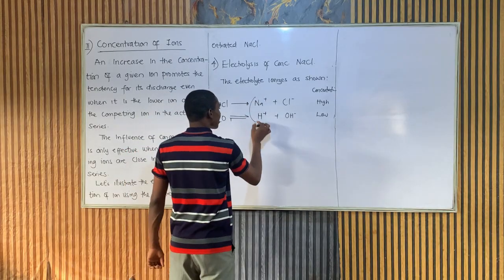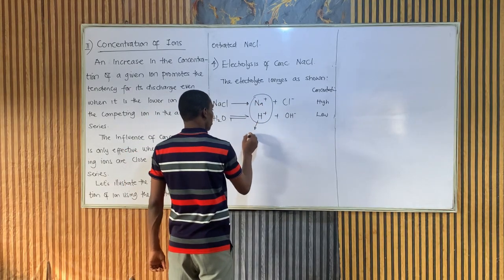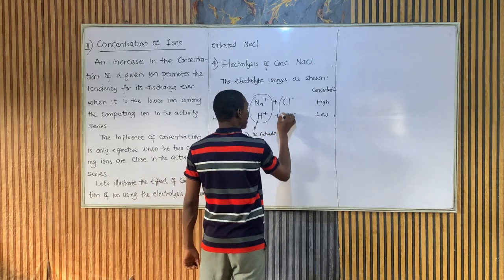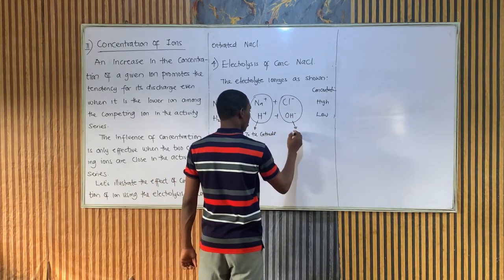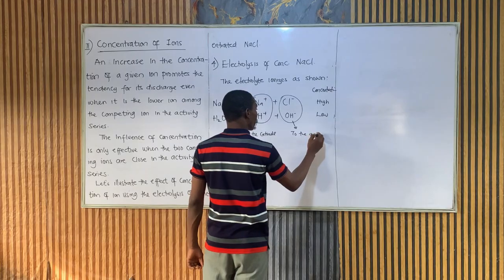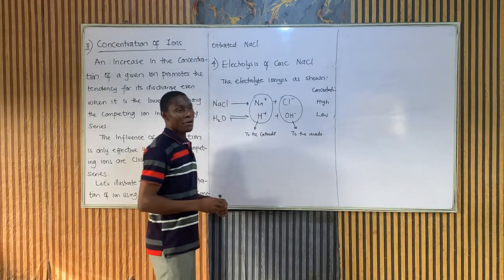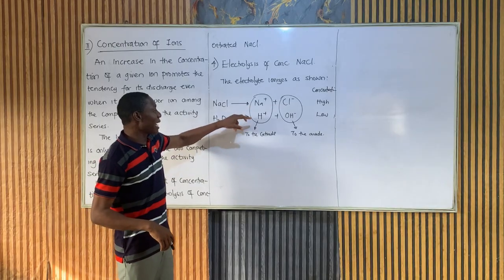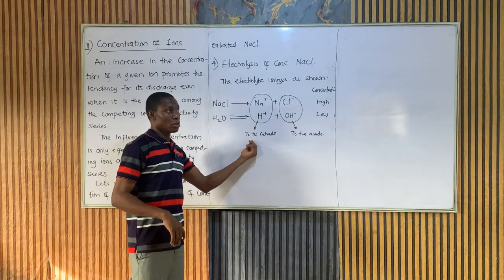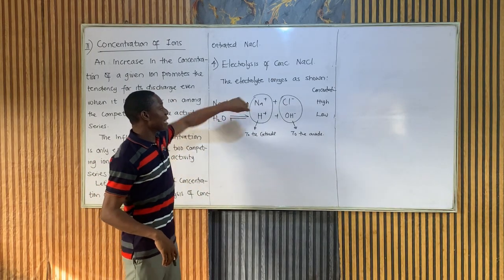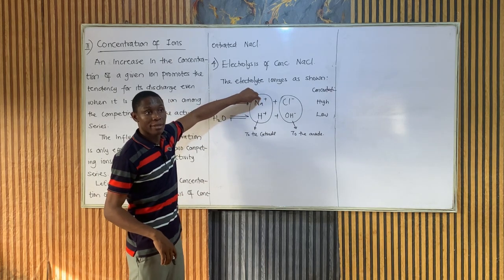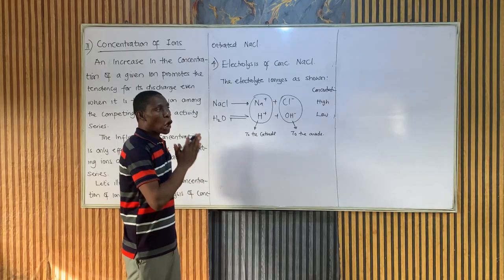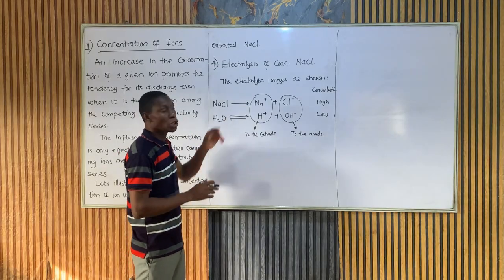Now this migrates to the cathode, and this to the anode. If you watch closely, sodium and hydrogen migrate to the cathode, and the concentration of sodium is very high, but concentration will not make sodium to be discharged.